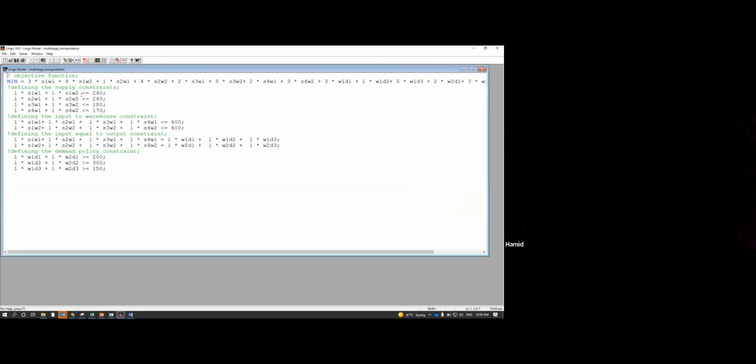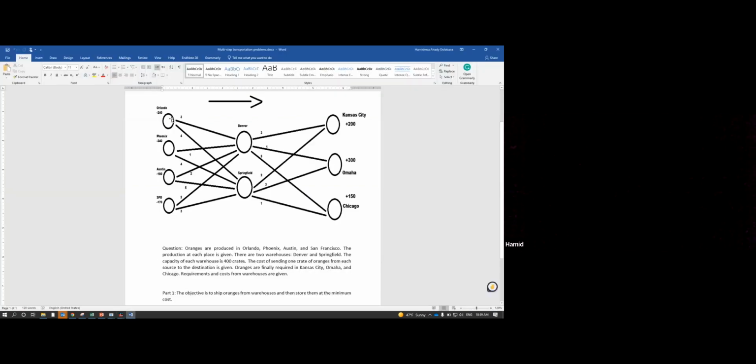So if you look at my objective function, I said S1W1. S1W1 means from Orlando to Denver, because Orlando is the first supply point, S1. W1 means the first warehouse, which is Denver.